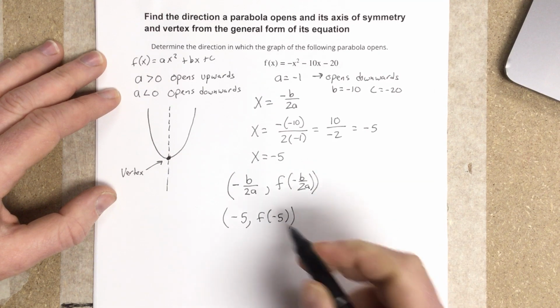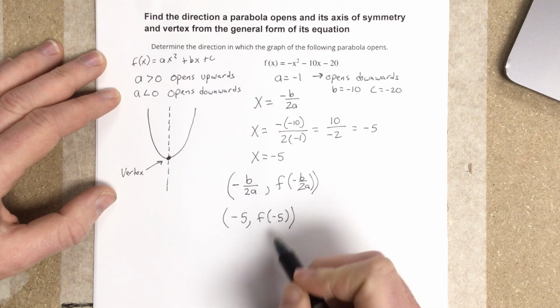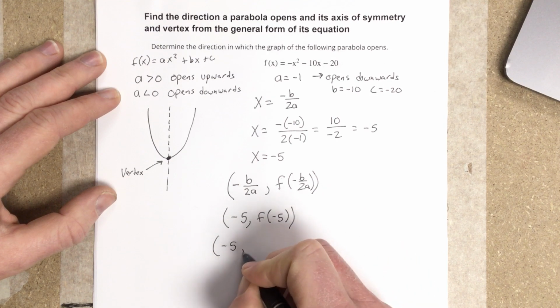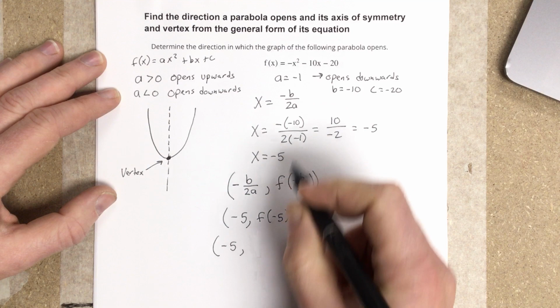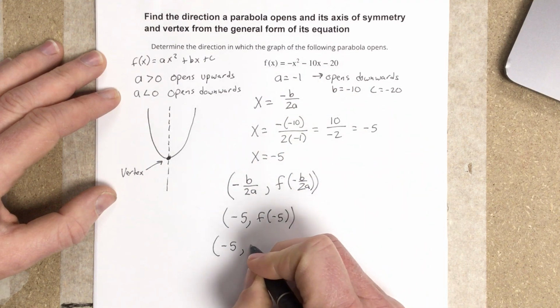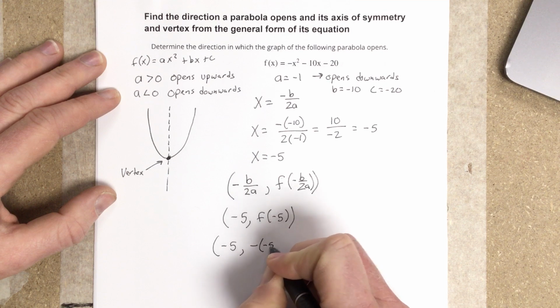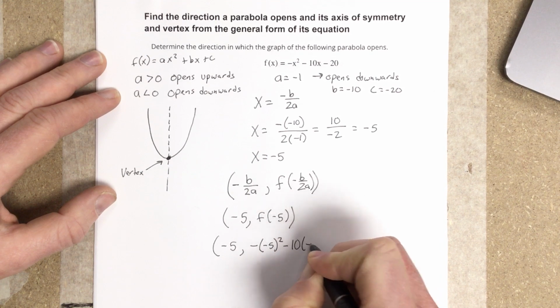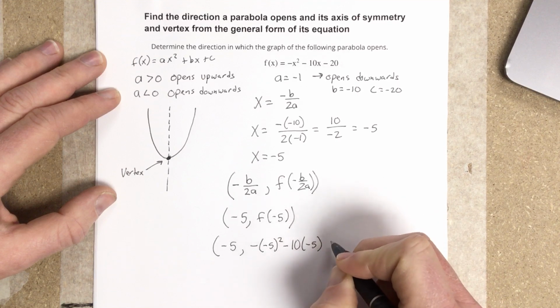Now I need to figure out what the function is with an input of -5. If I take the function, which I have right here, and plug in -5, I would get -5 squared minus 10 times -5 minus 20.